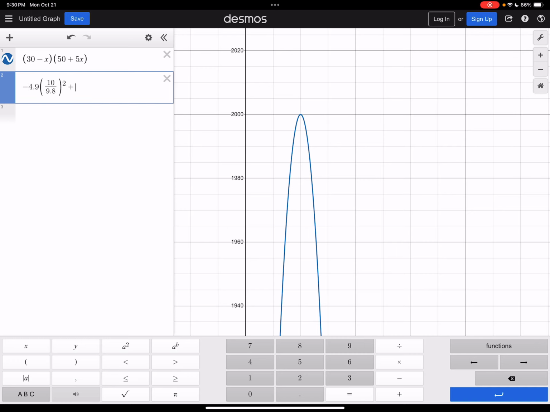And then it's plus 10 times 10 over 9.8. I'm using the accurate measurement for time, not rounding, plus 30. And so I get, you can see the calculation right there, 35.102.